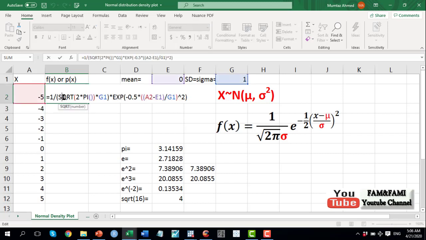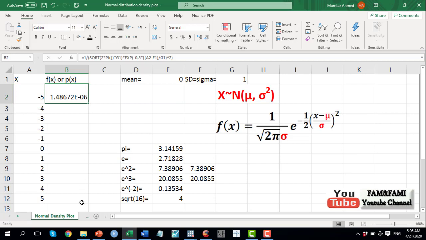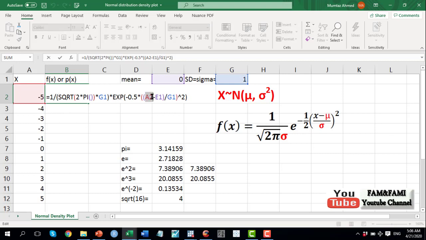Now I'm going to copy this formula to the rest of the rows. What will happen is that A2 will change to A3, which is minus 4, and then A4, A5 and so on, due to relative cell referencing.